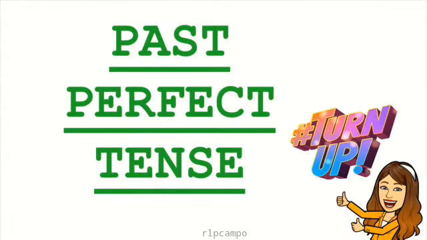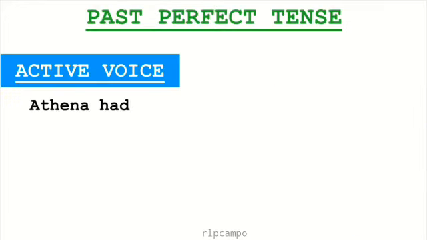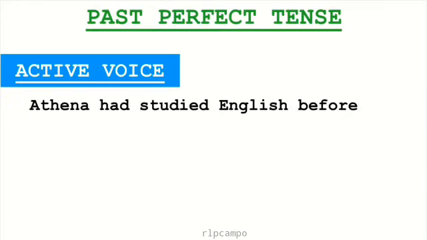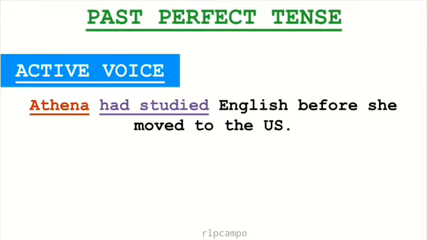Next is past perfect tense. Athena had studied English before she moved to the US. The subject or doer of the action here is Athena. The past perfect tense indicator is had plus the main verb studied.